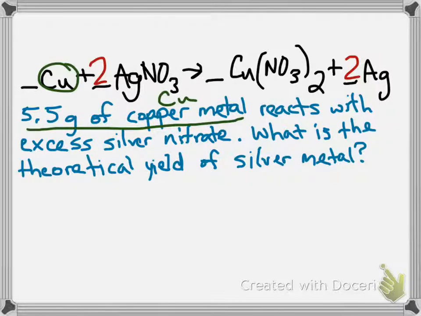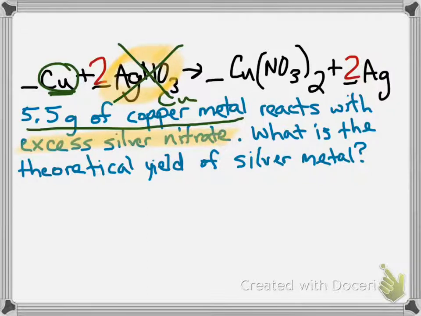It reacts with excess silver nitrate. That means we're going to have extra silver nitrate, which means for this purpose, when we're looking at the theoretical yield, or the yield of our products, we have extra silver nitrate, so this does not affect our yield because it's in excess.